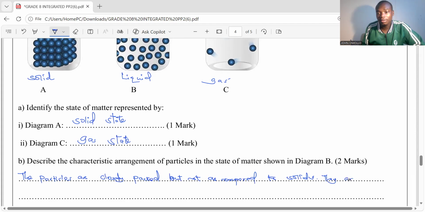They are not in a fixed position as compared to solids. They are able to flow from one point to another.